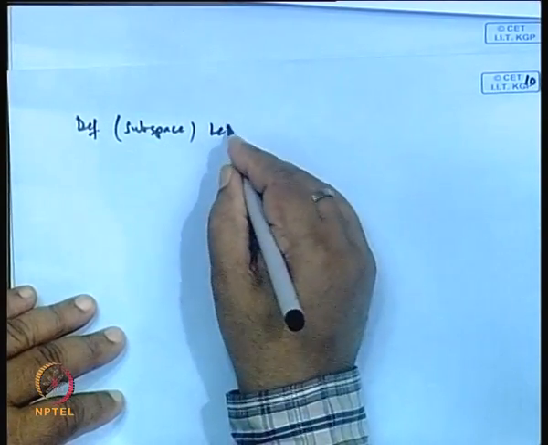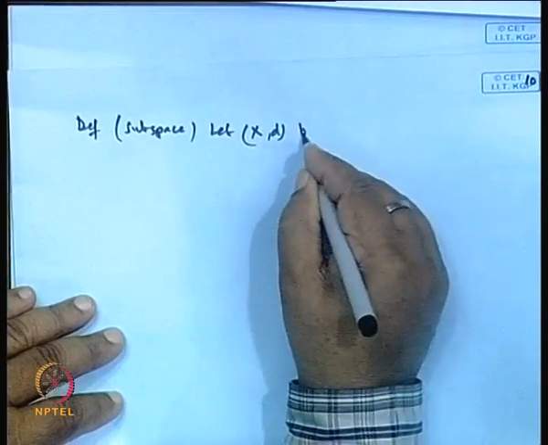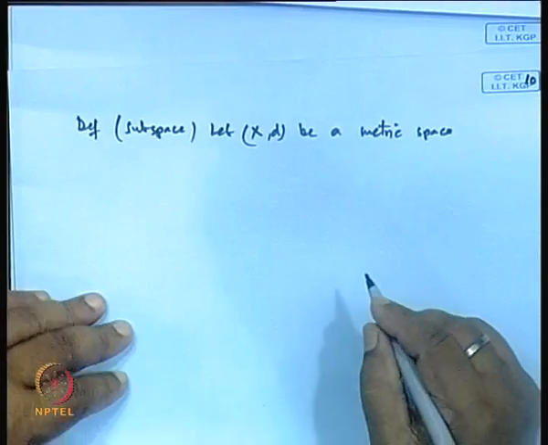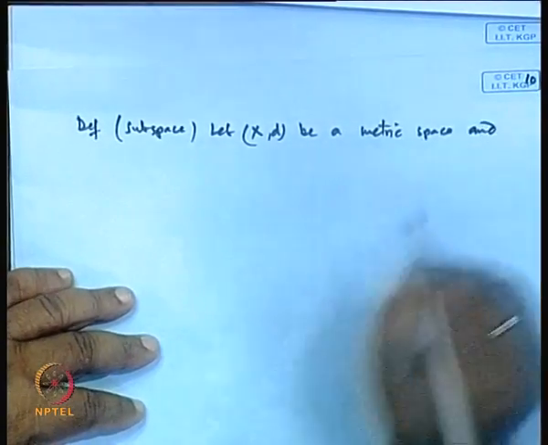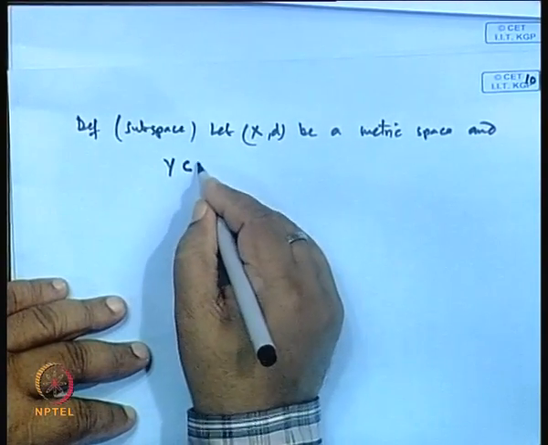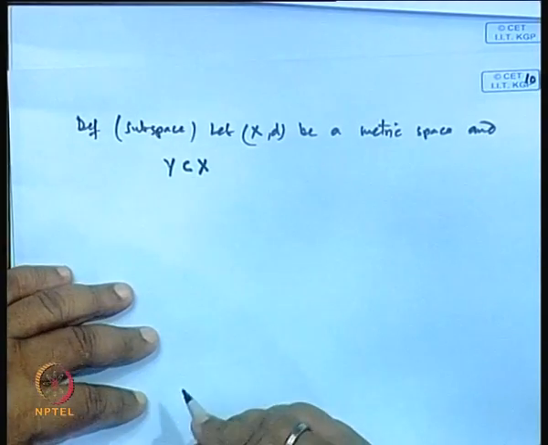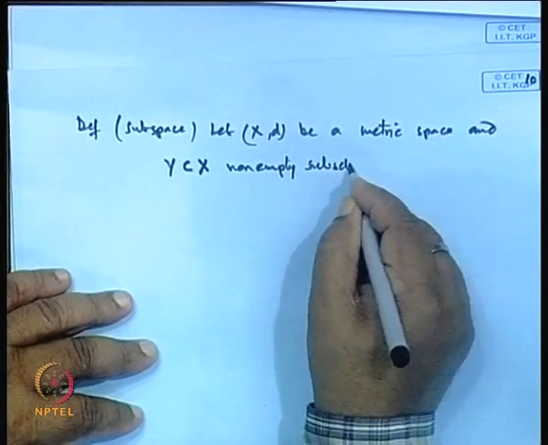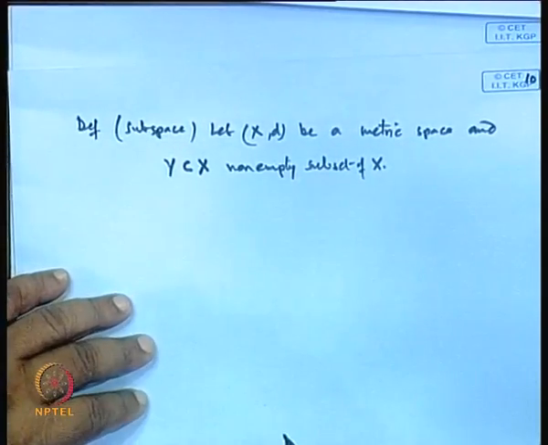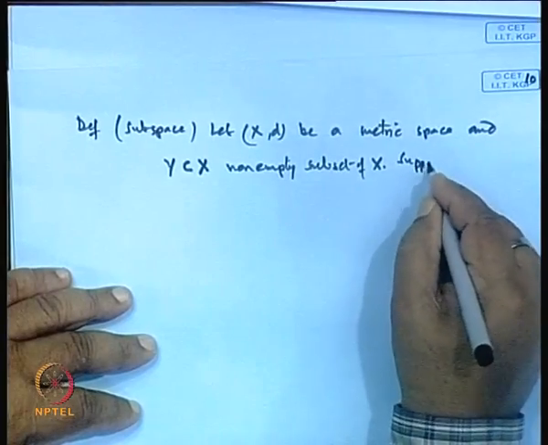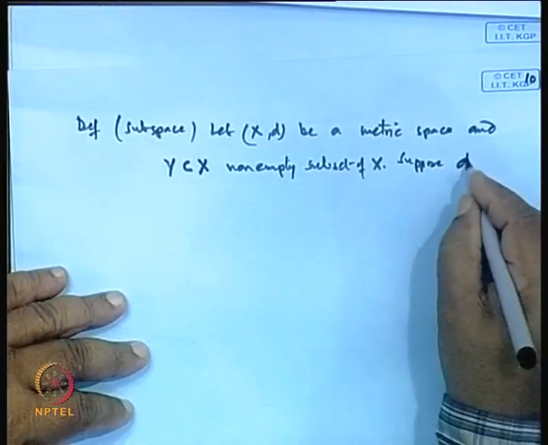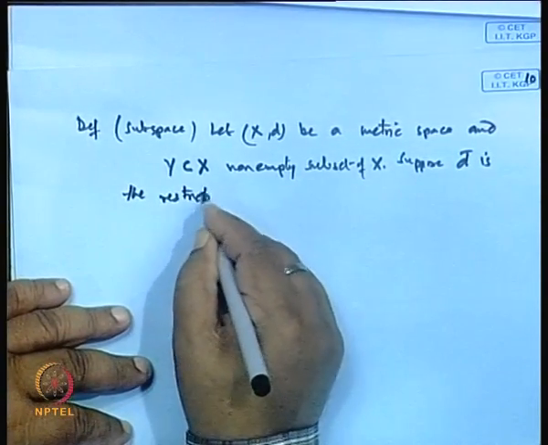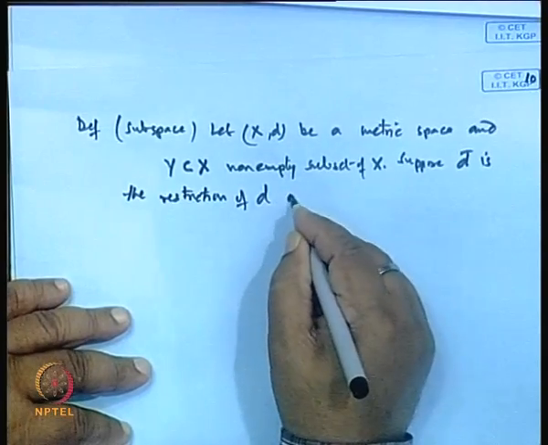Let X, d be a metric space, and Y is a non-empty subset of X, and suppose d bar is the restriction of d on Y cross Y.